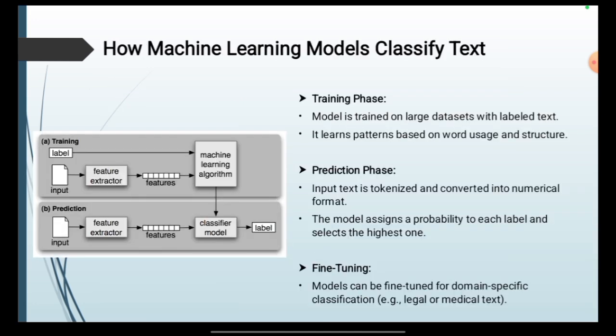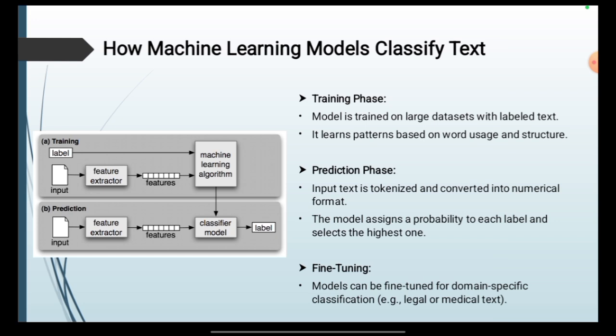So in this particular slide, we will be learning about how machine learning models classify text. Let me first go through the details that have been mentioned over here and then we will discuss it. Training phase. Model is trained on large datasets with labeled text. It learns patterns based on word usage and structure.